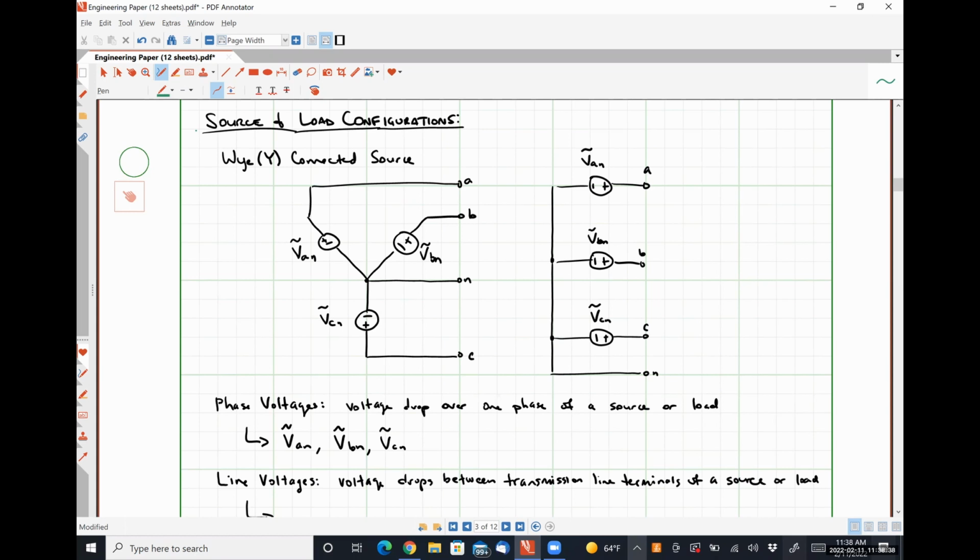So this potential difference, VAB, represents a line voltage because it's the voltage measured between the two transmission lines. Okay. So we could see that show up here as well.